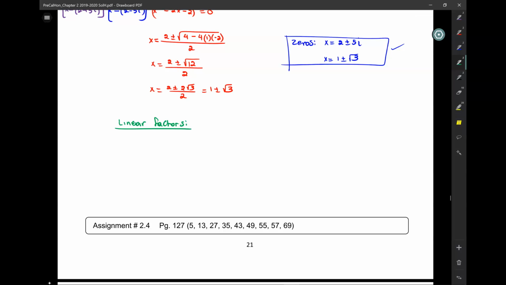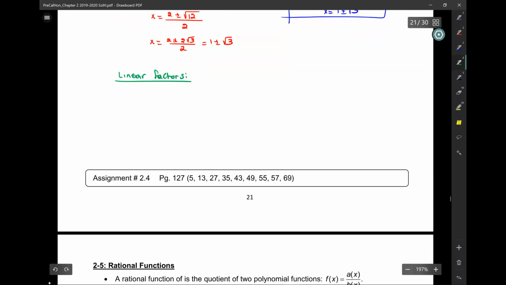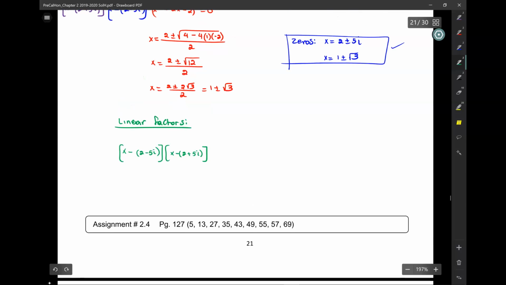So the linear factors is x minus 2 minus 5i, x minus 2 plus 5i, and then, okay, look, if 1 plus root 3 is a 0, then x minus 1 plus root 3 is a factor, and then x minus 1 minus root 3 is another factor. Okay?